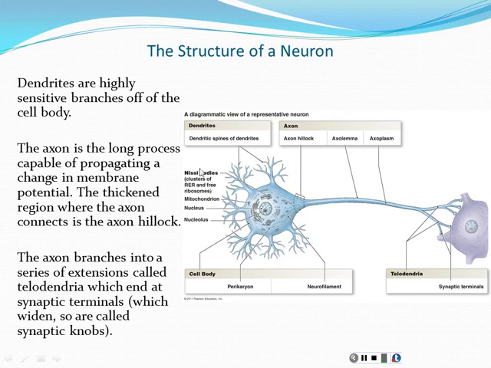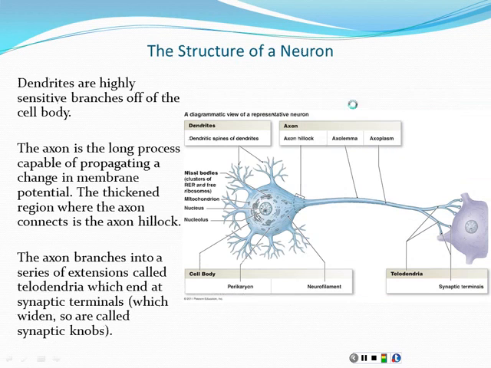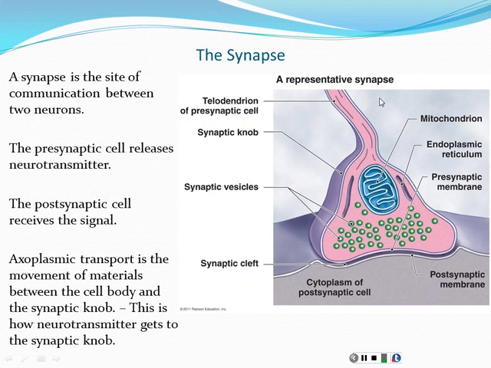So, some neuron anatomy. If we zoom way into the synapse, here's a telodendria. To orient you, we're here, and we're going to zoom in to this area right there. We see the telodendria and the widened synaptic knob.